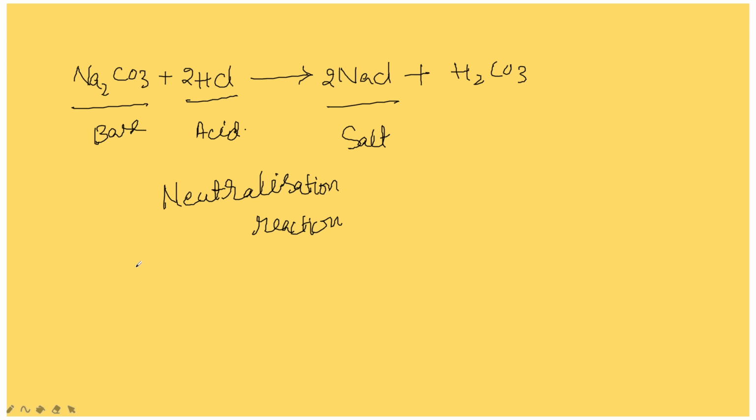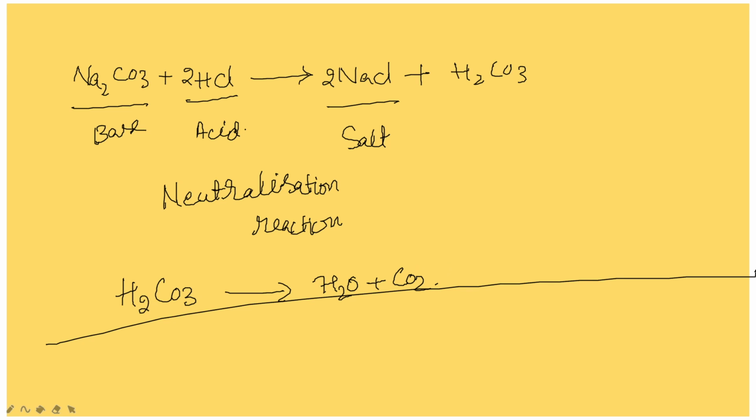H2CO3 again changes into water and CO2. The overall balanced equation we write is Na2CO3 plus 2HCl gives rise to 2NaCl plus H2O plus CO2.